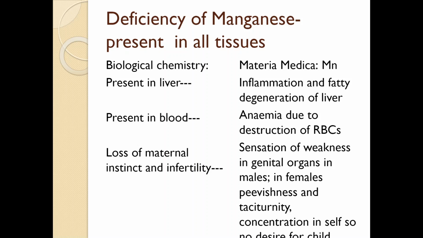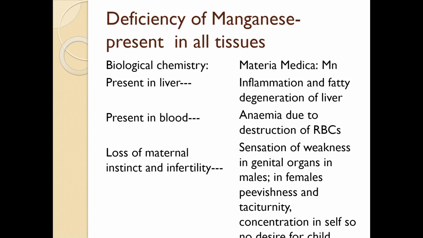Manganese is present in blood, and in materia medica it is listed as anemia due to destruction of RBCs. Loss of maternal instinct and infertility is listed in biological chemistry due to the deficiency of manganese. In materia medica we find sensation of weakness in genitals in males, and in females there is peevishness and taciturnity, concentration in self, and no desire for child. So, loss of love for child.